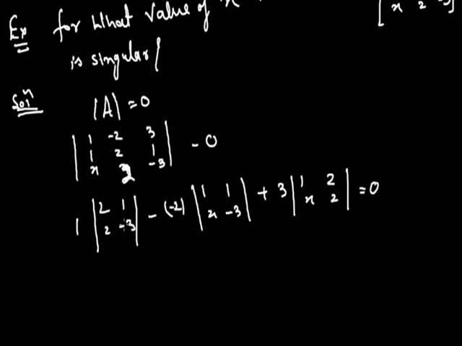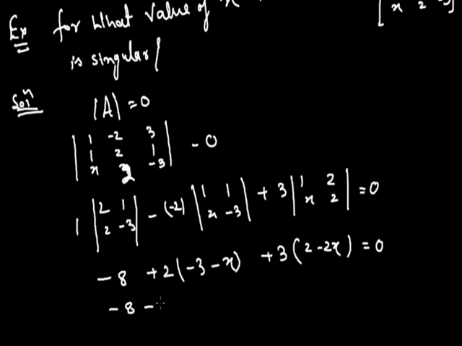Now cross multiplying, minus 6 and minus 2, so it's minus 8, plus 2. Now it's minus 3 minus x, plus 3 times (2 minus 2x) equals 0.